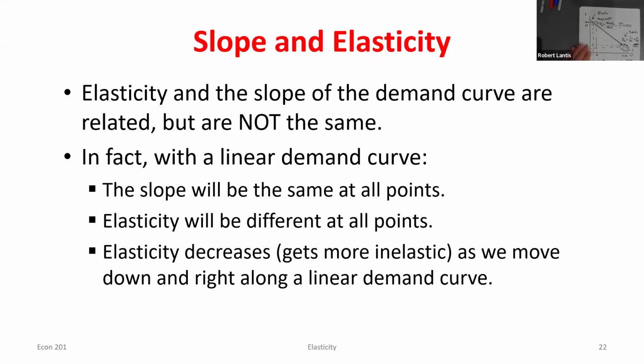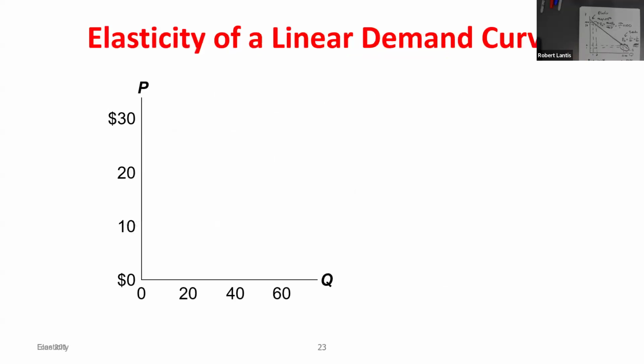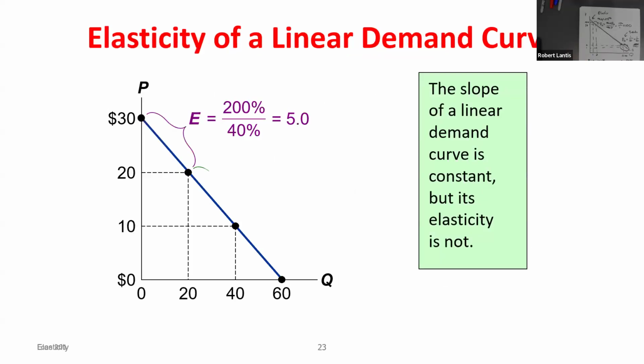Any questions on this idea before we keep moving here? Okay. So I'm going from elastic to inelastic, and this relationship exists the whole way. I chose the two extremes, but as I move down, this is getting lower and lower.